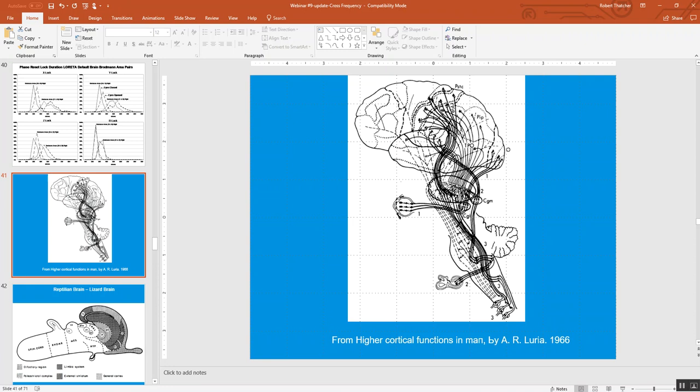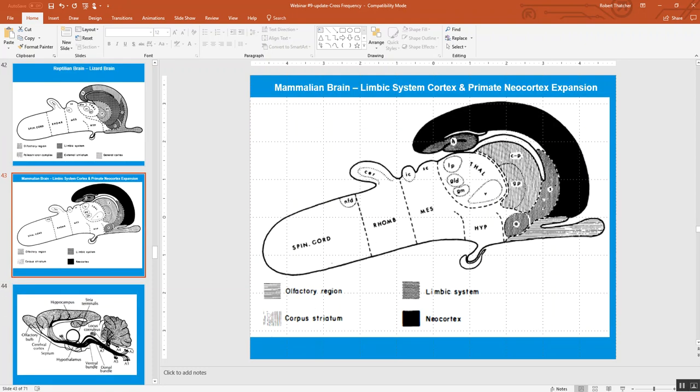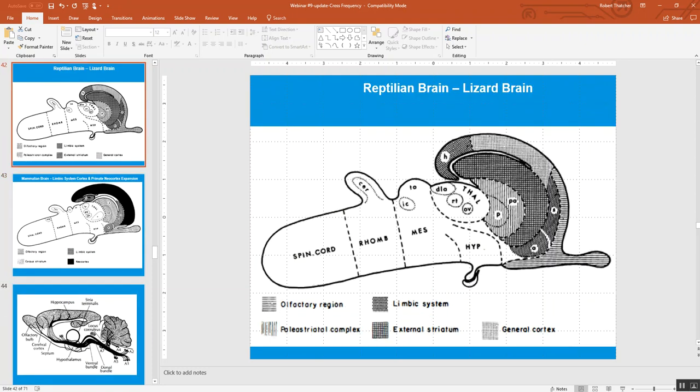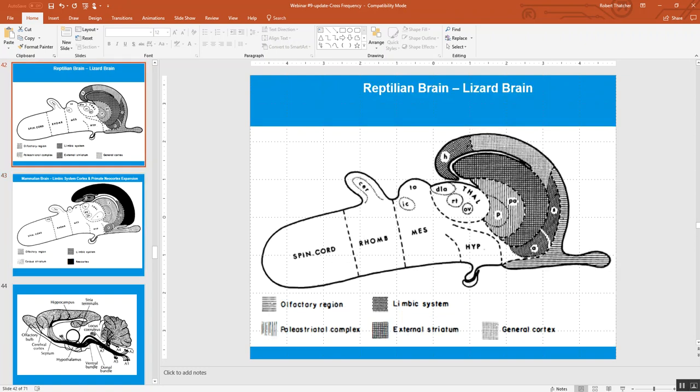But there's a continual vertical communication, and in this case, we're looking at the lizard brain. You can actually take the human brain and overlay it on the lizard brain, and you see that they're the same in the earlier phases of development. This is a primate brain. This is a lizard brain. Primate, lizard.